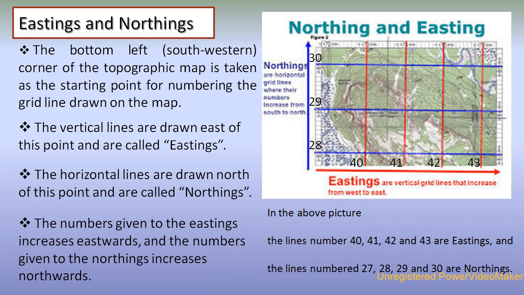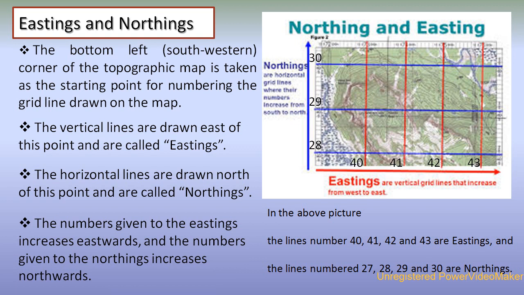The horizontal lines drawn north of this point are called northings. You might see the blue color lines. Towards the north side, the number of the line increases: 28, 29, 30. These are the blue color line numbers. These lines are called northings.